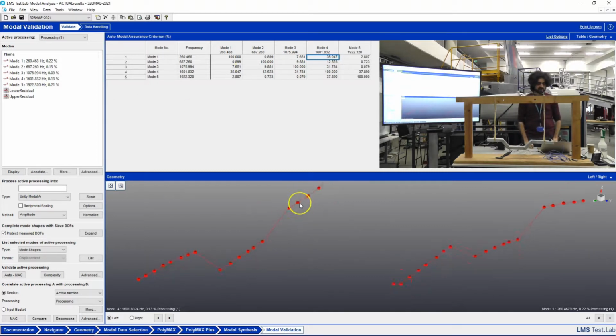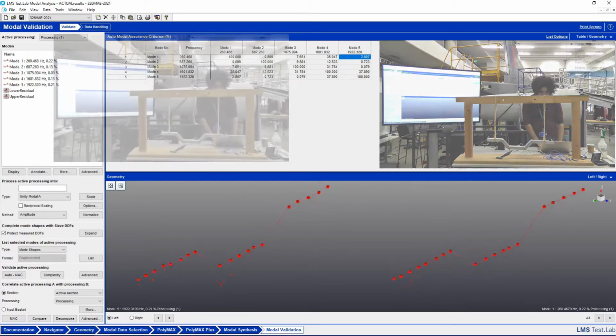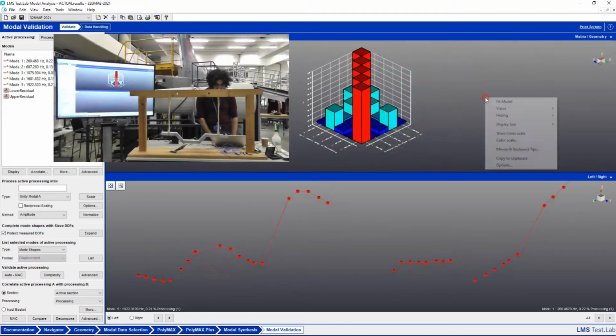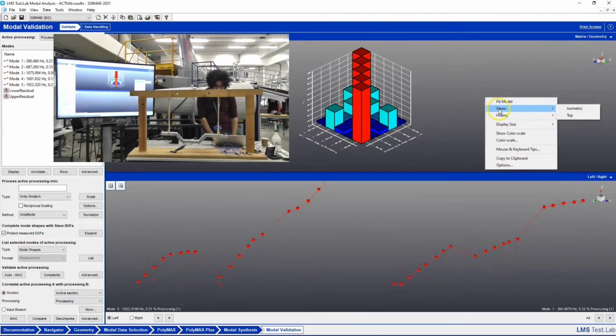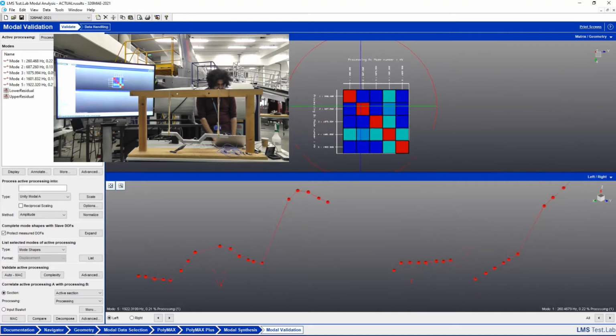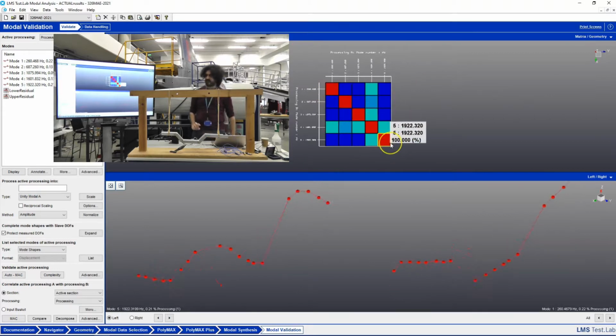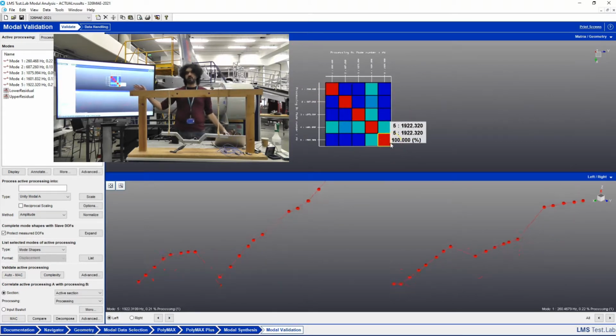This is mode 4. As you can see, this part of the structure is more involved, whereas mode 1 is global. And this is mode 5. We get 2%. Now I can show you this better if I use a matrix. So you can see mode 1, and of course on the diagonal of this matrix we have all 100%.